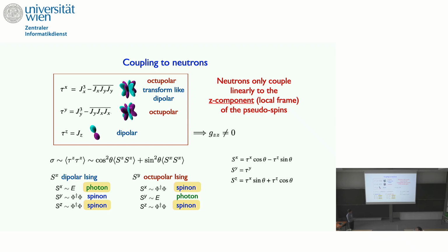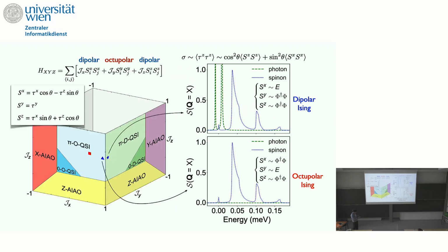So depending on which case is realized, you may or may not see photon excitation, but you will always see spinon excitation. Please keep that in mind. So the general expectation is that if you're here, you should see both photon excitation in the neutron scattering experiment as well as a spinon. But if you're here, then you only see a spinon excitation.